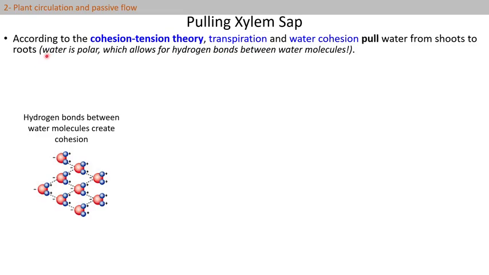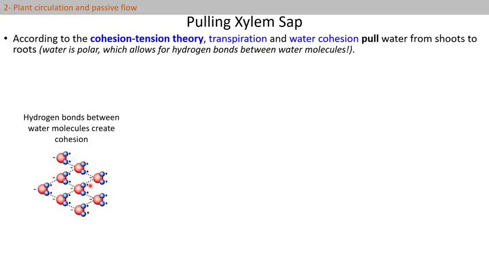Okay? So what is that cohesion? Well, you know water is polar, right? And that allows for hydrogen bonds to occur between the molecules of water. That's what you have depicted here. So that means those molecules try to stay tight and there is cohesion.